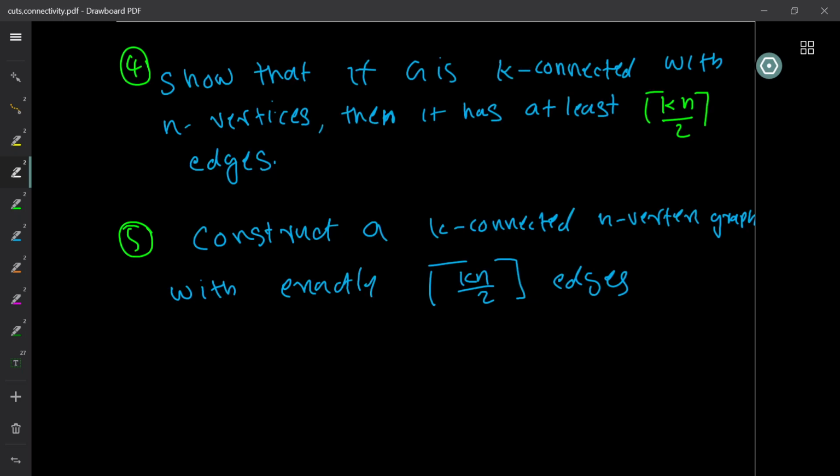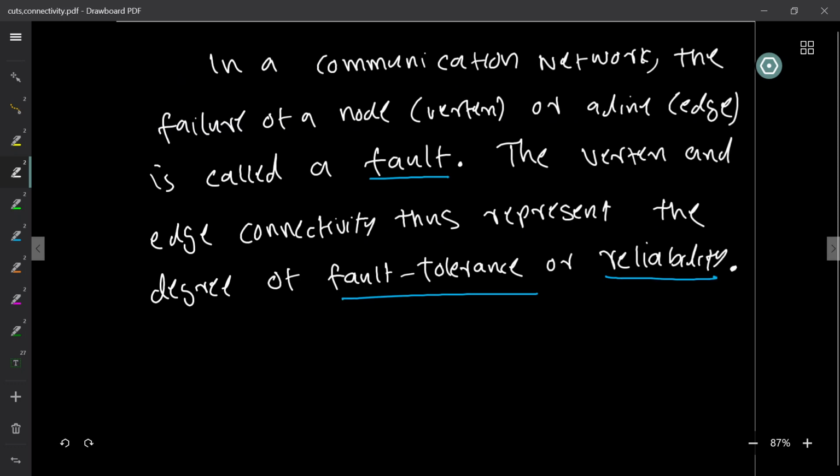So one of the reasons why this is important is that when you are making such a fault tolerant network, and the reliability I want to be slightly large, like we fix a number and say that even the failure of this many nodes or lines will not make the graph disconnected, or communication will still be possible.